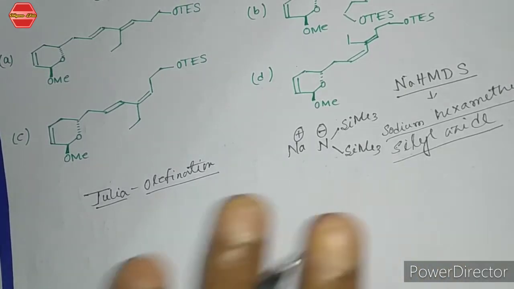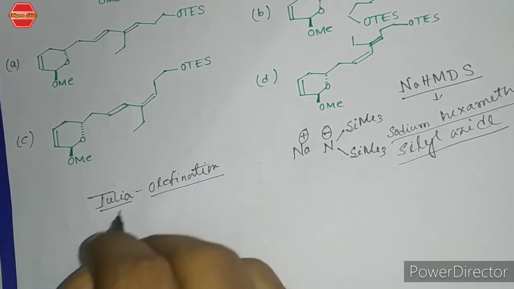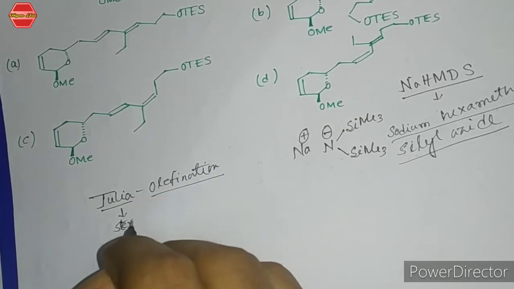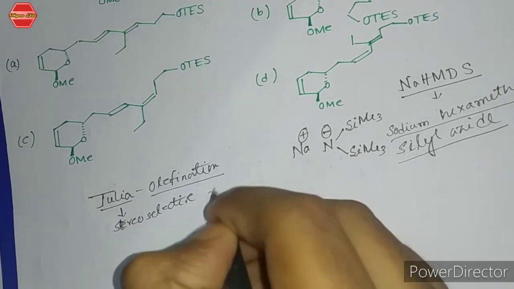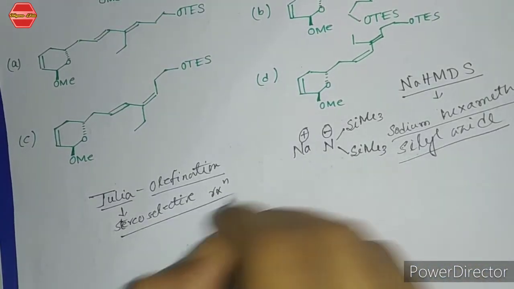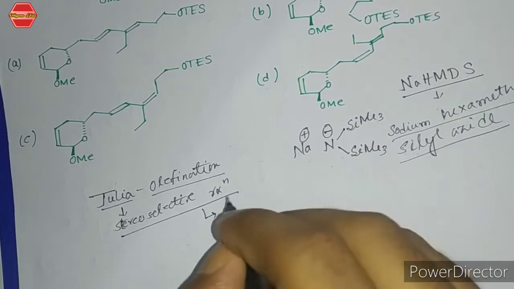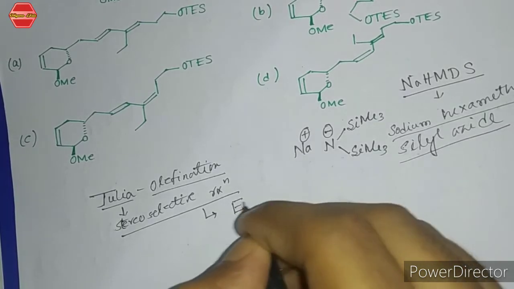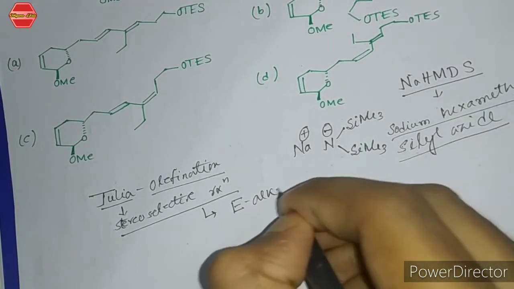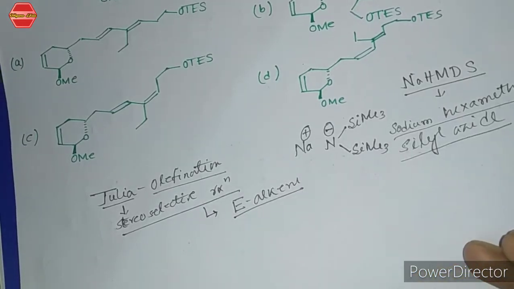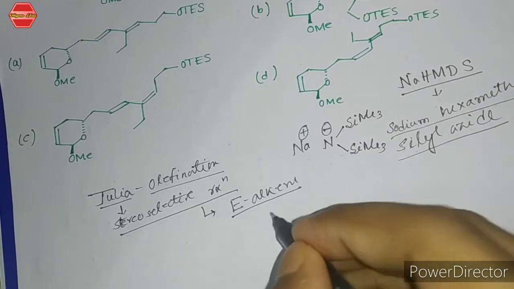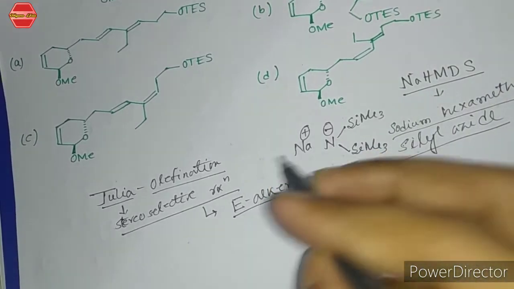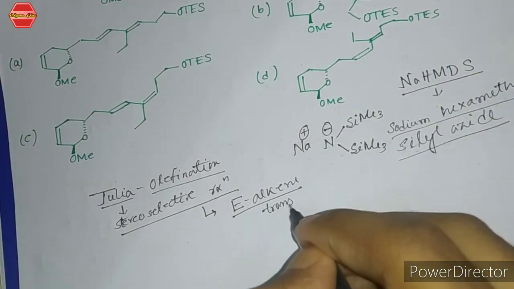What does stereoselective mean? It means it always forms the E-alkene, that is, always the trans-alkene.